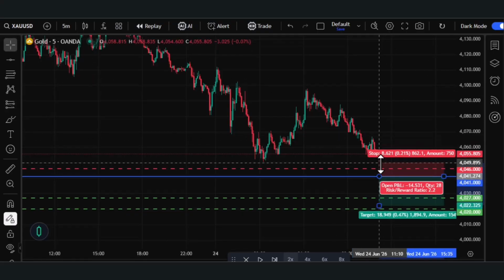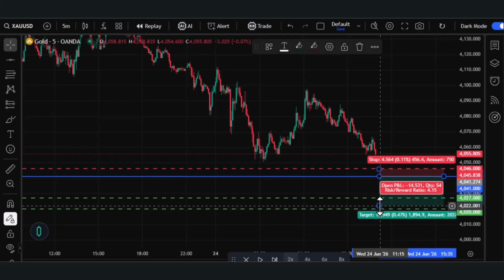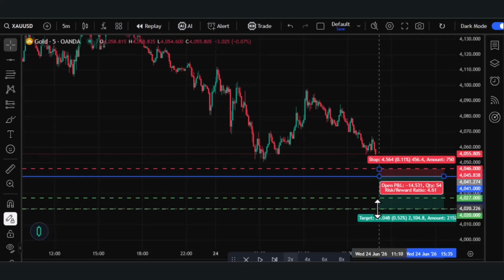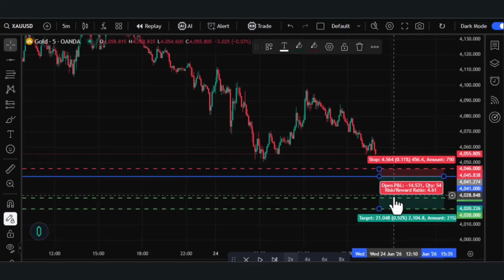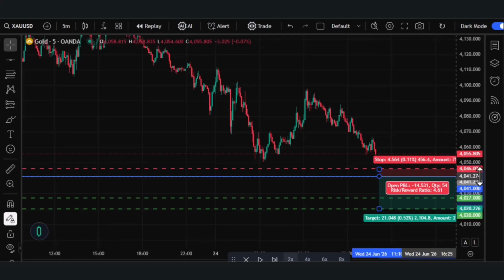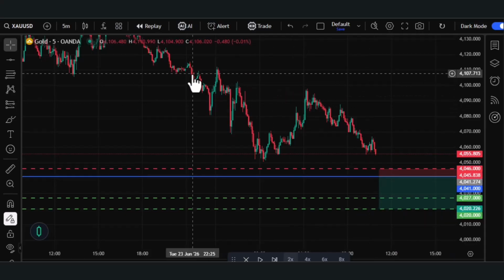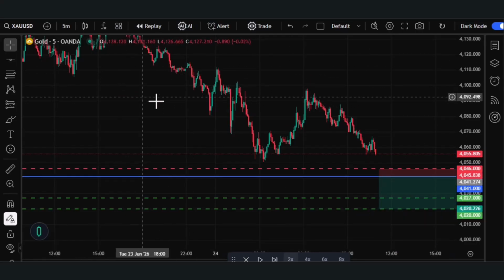Here is our stop loss, and this is our take profit, which is roughly a risk to reward ratio of 4 to 4.5%. So our trade is approximately 1 to 4 if both take profit levels are hit.